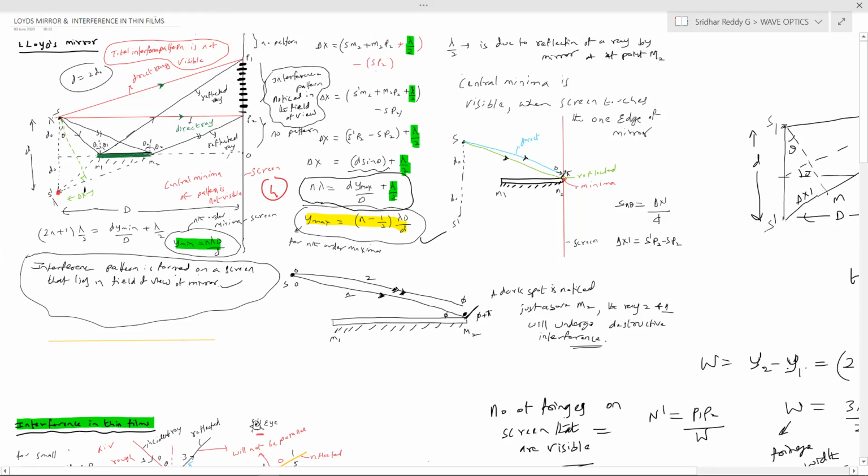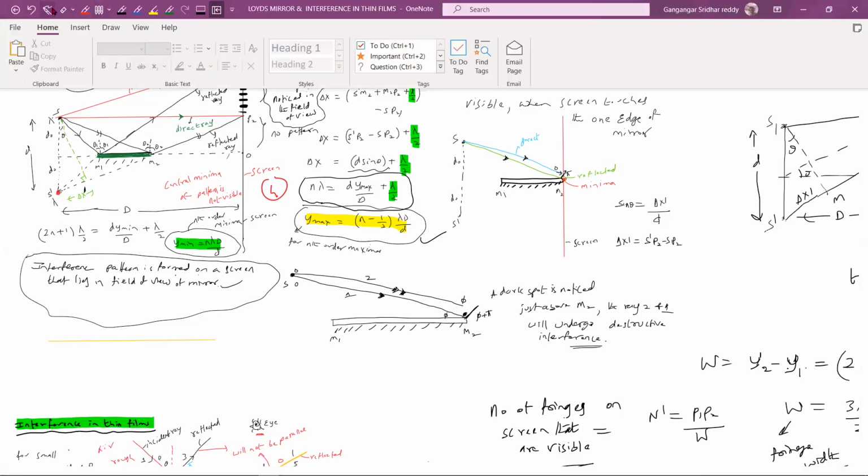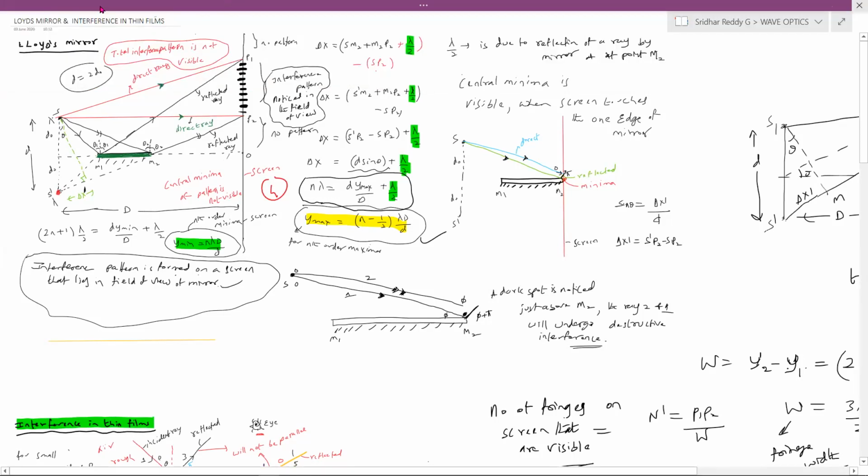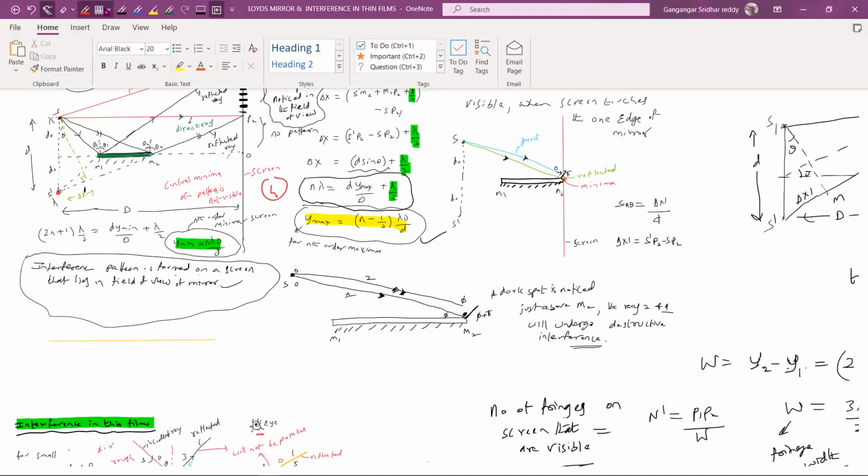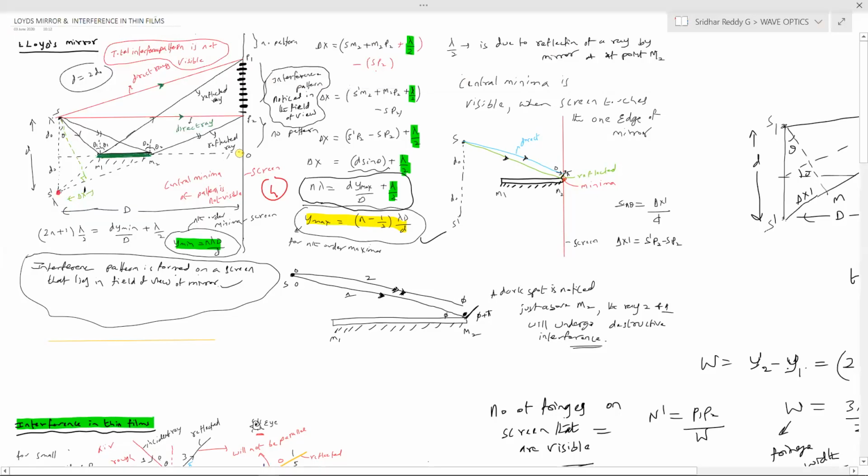And when will that central minima be visible? Only when the screen touches the one edge of the mirror M2, then the central minima will be visible. Otherwise, the central minima will not be visible and some fringes will be missing. That is the overall idea of the Lloyd's mirror.